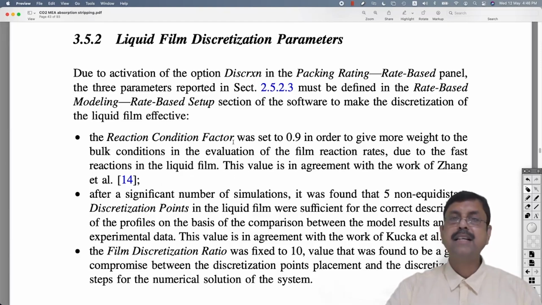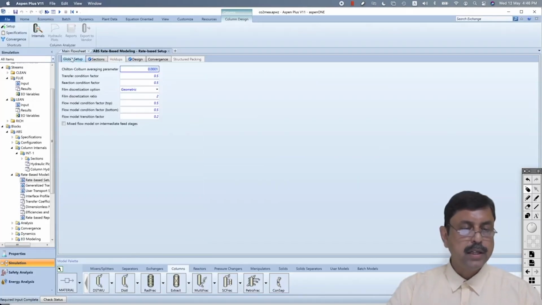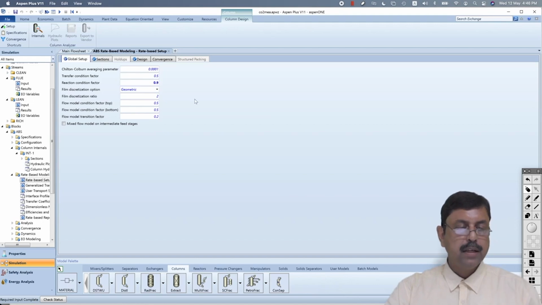Okay, what is reaction condition factor and how is it helpful for your simulation setting up? You can go through the work of Zhang et al. and then you can find it. For the time being, let us go to the simulation and look for reaction condition factor and put 0.9 over here.